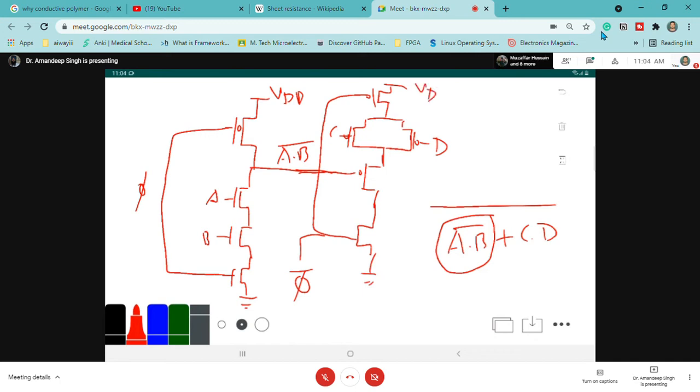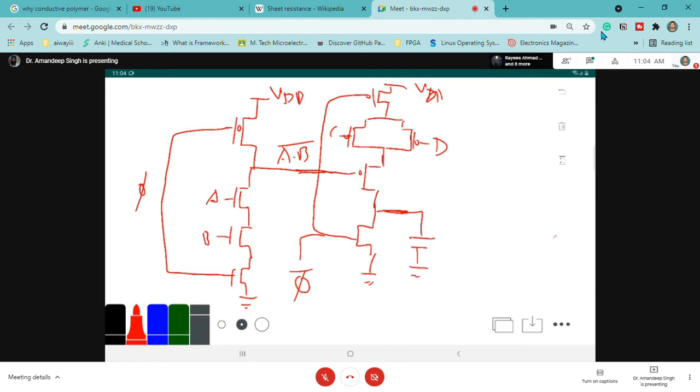This will be VDD, and the output will be taken from here with a capacitance. So this will be V out, or basically F. And here is the capacitance of this, which is pre-charged. So this will be your circuit.